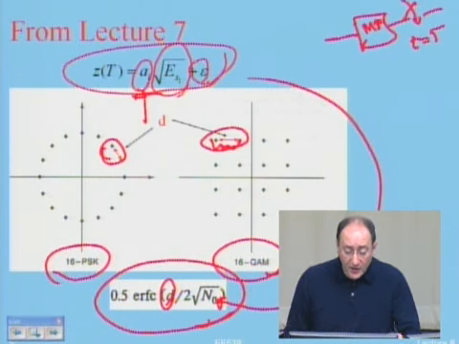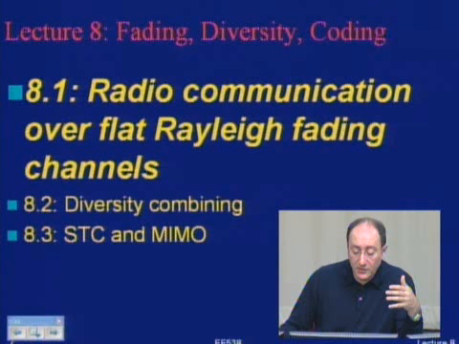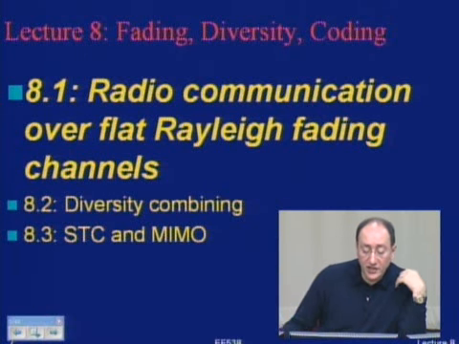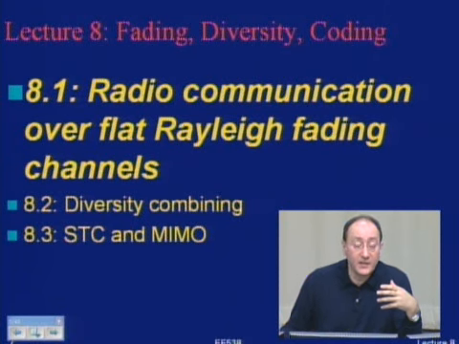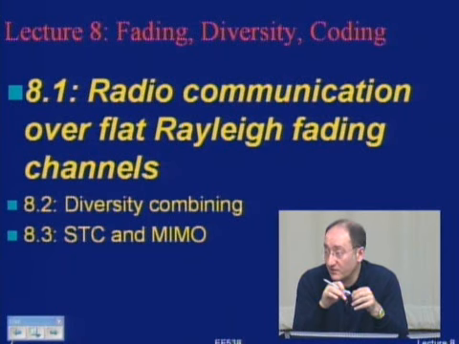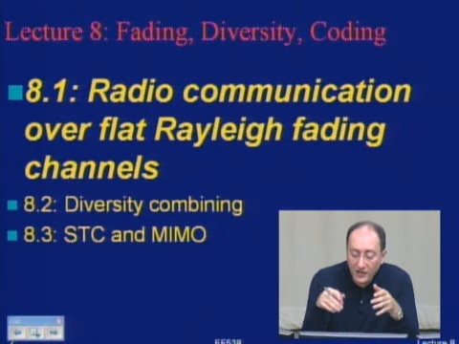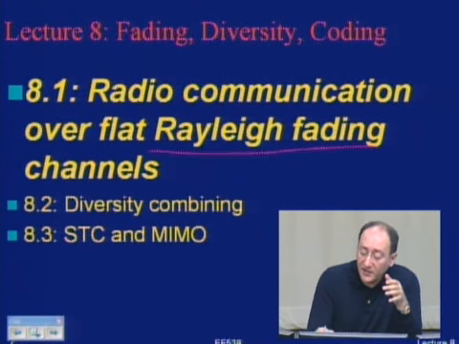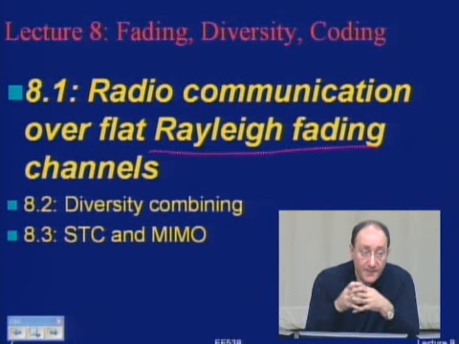Now, what I want to do right now is to go to radio communication over flat Rayleigh fading channels. If you remember, we talked about a variety of fading channels. Rayleigh was the most dominant. Now, to describe the effect of fading, I only discuss Rayleigh fading because the equations which come out of that are simpler.